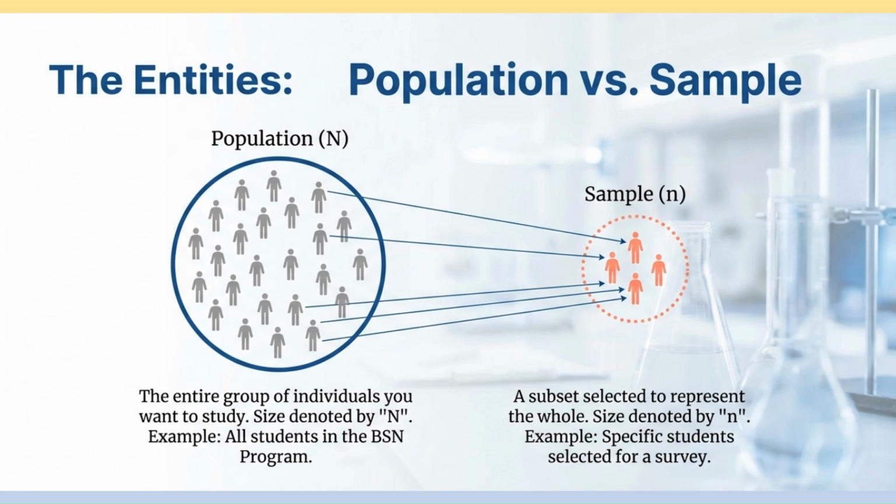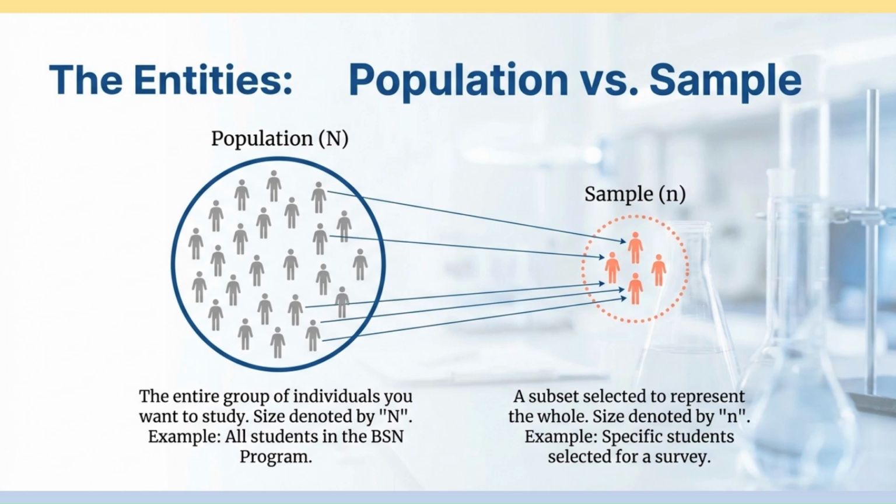Now, let's understand two very important terms: population and sample. A population refers to the entire group of individuals we are interested in studying, for example, all BSN students in Pakistan or all diabetic patients in a hospital.